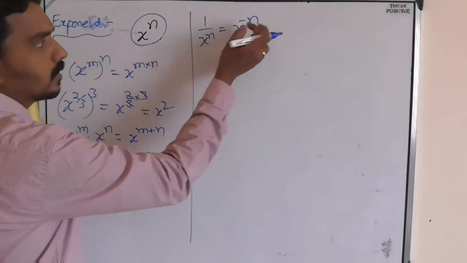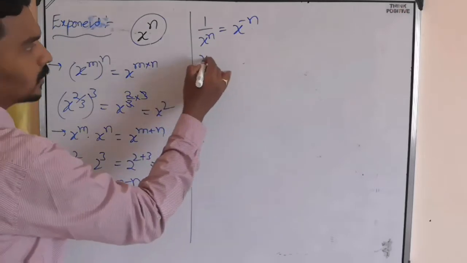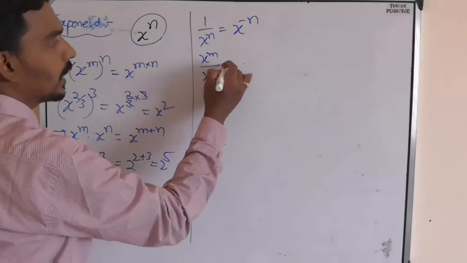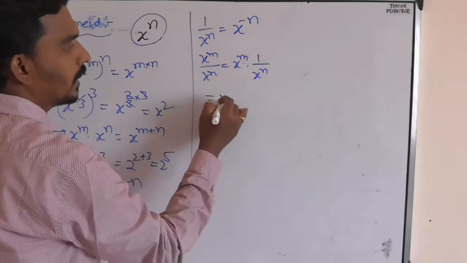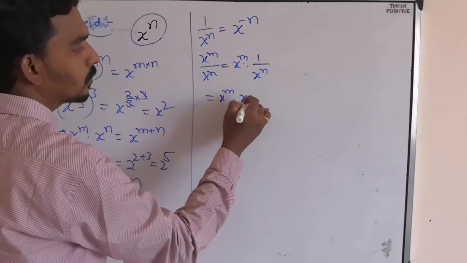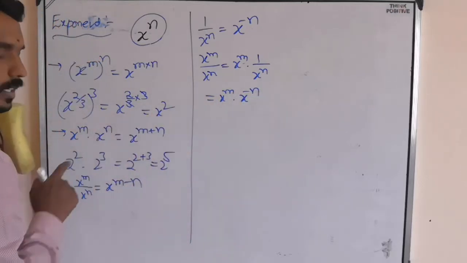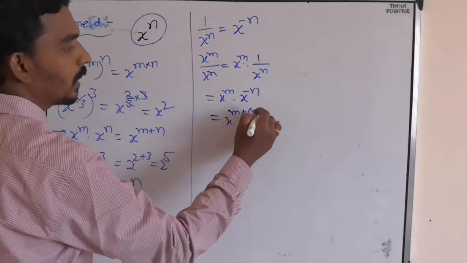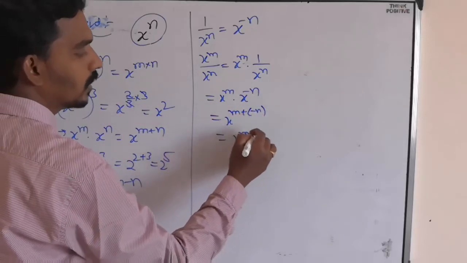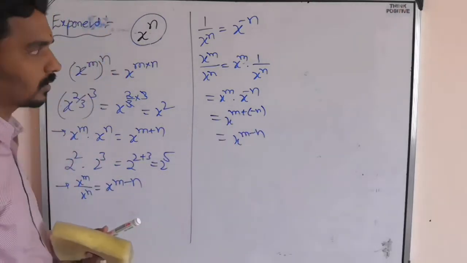So here plus n, so minus n. So x power m by x power n is nothing but x power m into 1 by x power n, which is x power m minus n. So this is the formula.